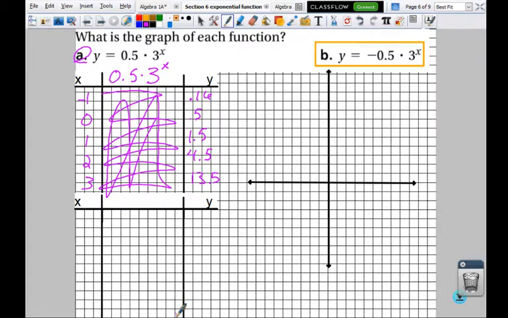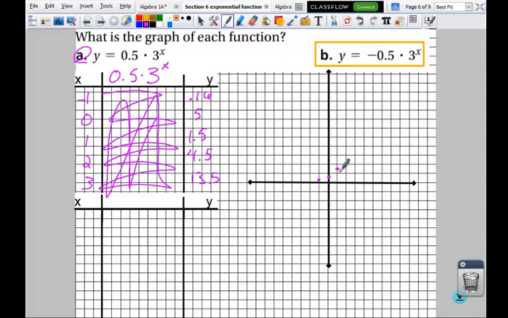So I'm going to go -1 for my x, 0.16 for my y. I'm just graphing this table here. I'm going to estimate where that is, because I can't see it exactly. It's going to be about right there. That's good enough. Then I have 0 and 0.5, about right there. I got 1, 1.5.